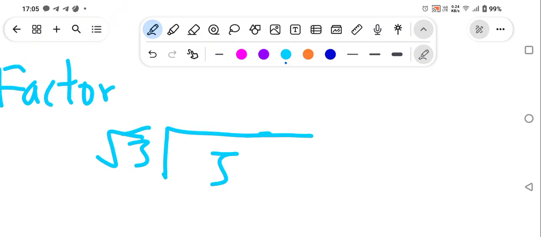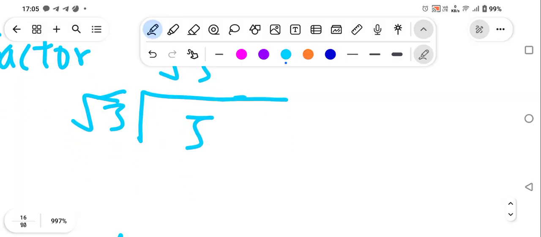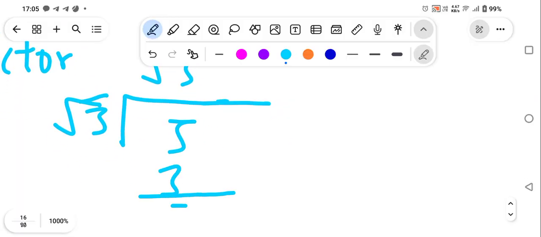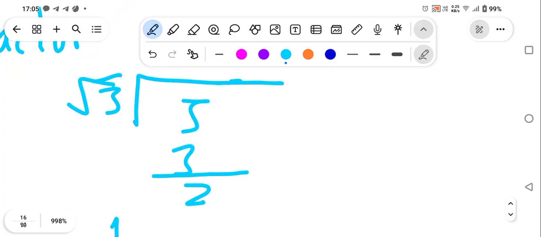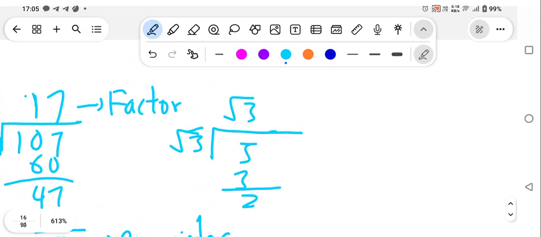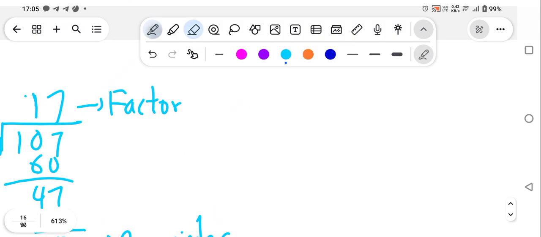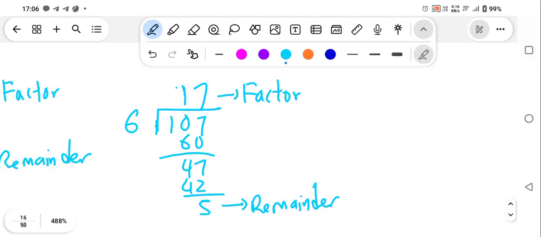Well, this will be kind of difficult to do, but you can do this. And we're just gonna get 2. And 2 is still a little bit less than the remainder of 3, so I'm not gonna continue this. But you know the drill. Okay, so anyways, we have 17 as a factor, 5 as a remainder.